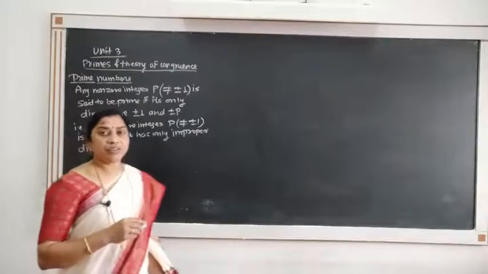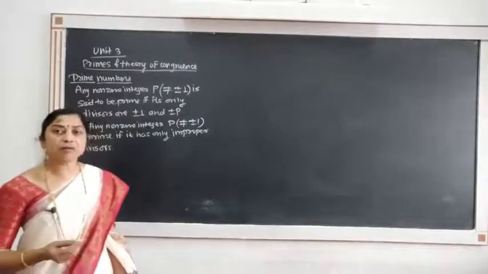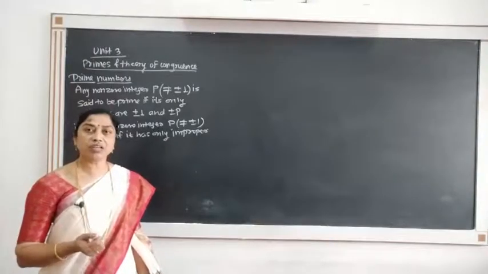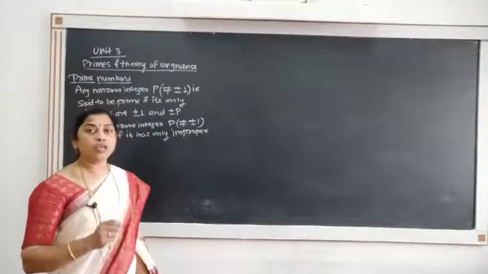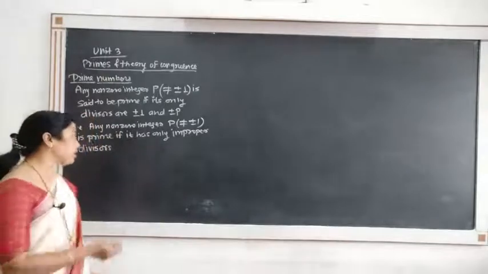Observe that there are infinitely many primes. Which are the prime numbers? 2, 3, 5, 7, 11 and so on. They have only improper divisors. They do not have proper divisors.